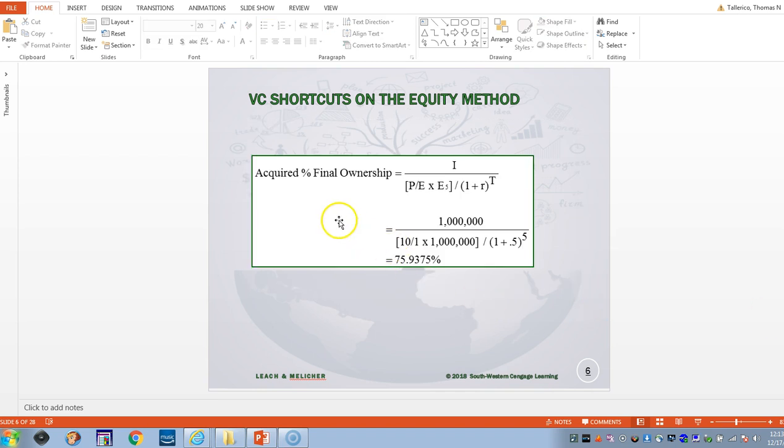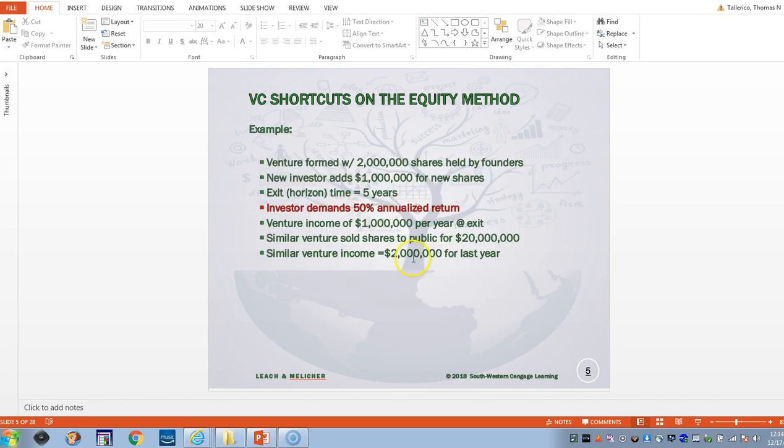So if you look here, here's an equation for the acquired percent final ownership, and basically here is the PE ratio, right? And E5 refers to the $1 million, for the after the 5th year at exit.